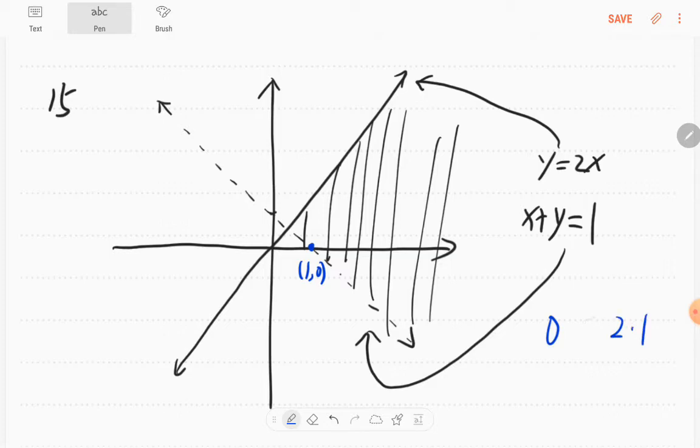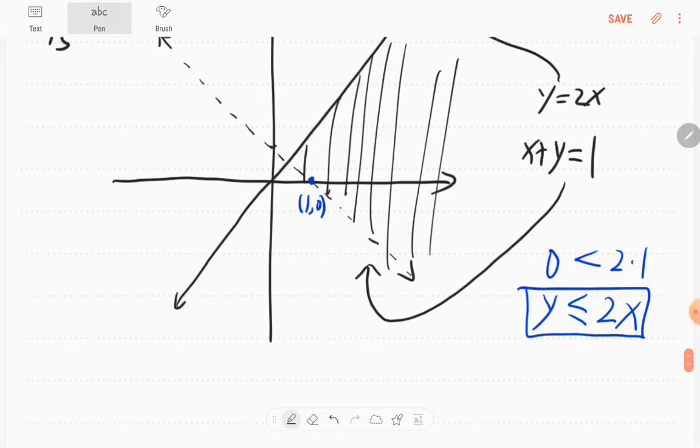So 0 is less than 2. So you must have y less than or equal to 2x, because if you plug (1, 0) into this inequality, it will be true.